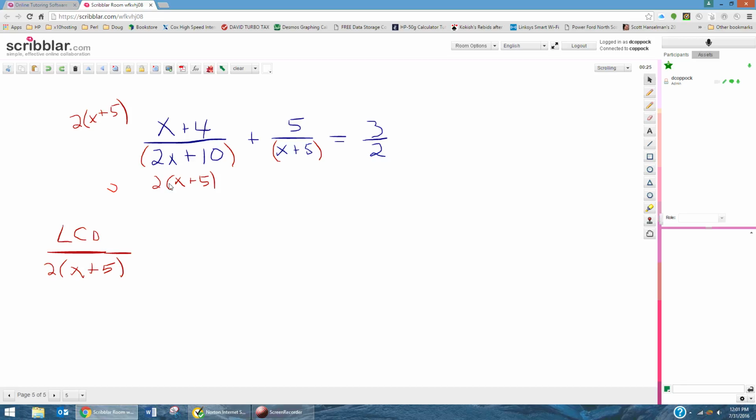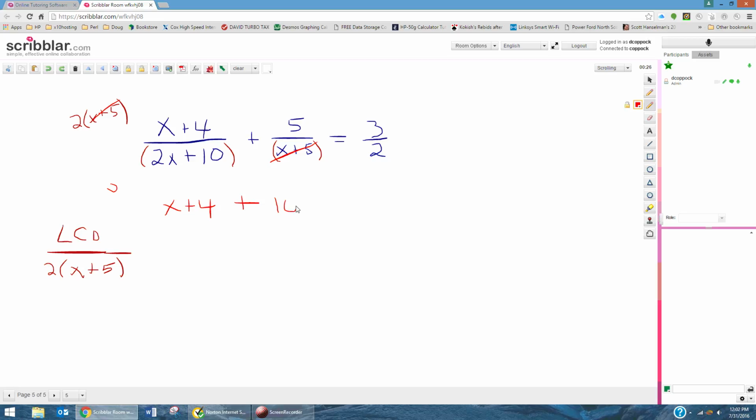Let me erase this down here. So when I take 2 times the quantity x plus 5 times this first fraction, both factors cancel out. So I get 1 times x plus 4 is x plus 4. Plus, when I take this LCD times the second term, the x plus 5's cancel out, and I get 2 times 5 is 10.